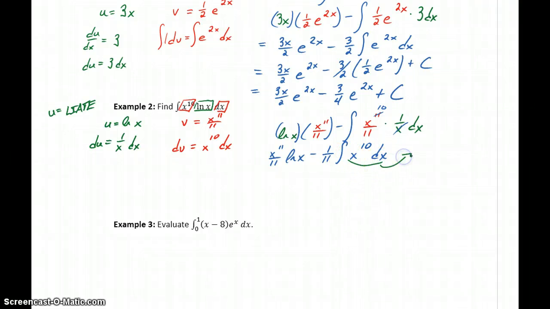So this is going to integrate as x to the 11th over 11 plus c. So we end up with x to the 11th over 11 times the natural log of x minus 1 over 11 times 1 over 11, which will give us 1 over 121 x to the 11th, plus some constant c.